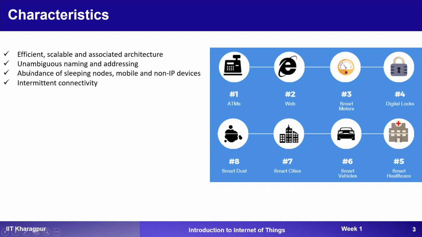The second characteristic is unambiguous naming and addressing. All the devices present in your Internet of Things have particular names or addresses associated with them.